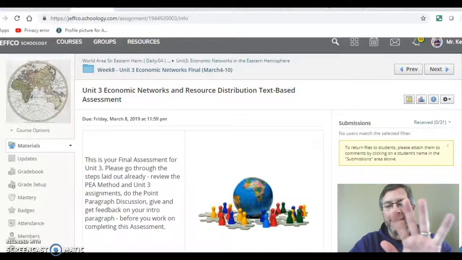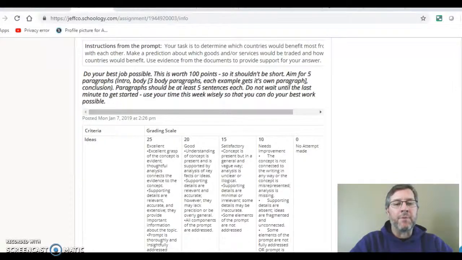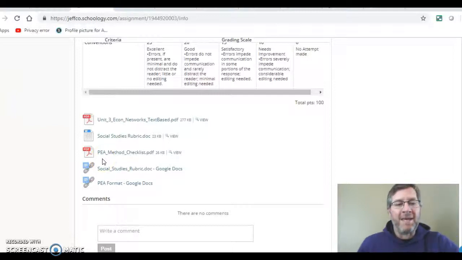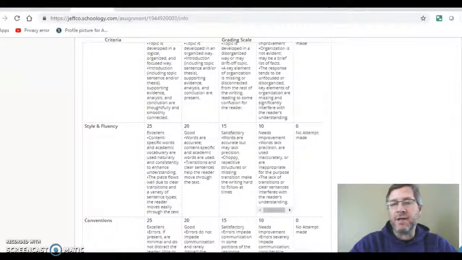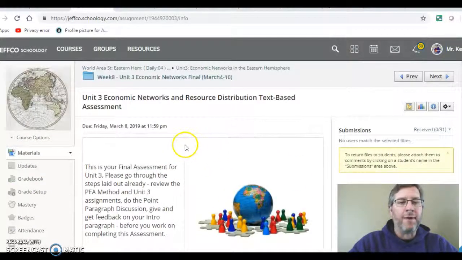As you look through the rubric, you should also be reading through the PEA method checklist, point evidence analysis, and the social studies rubric, which are posted here as well.